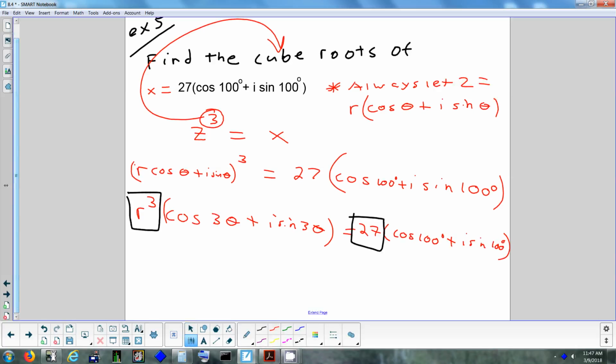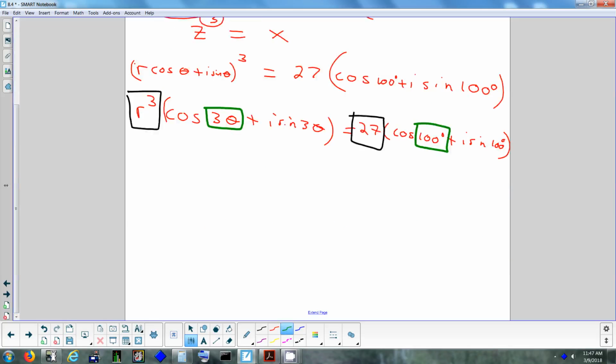So that's the first thing. I'll set that up in a second. The next thing you have to set up is the angle in that box has to match the angle in that box. That's what equals means. So the radius has to match the radius, and the angle has to match the angle. Okay, so let's set up the 2 equations you would solve.